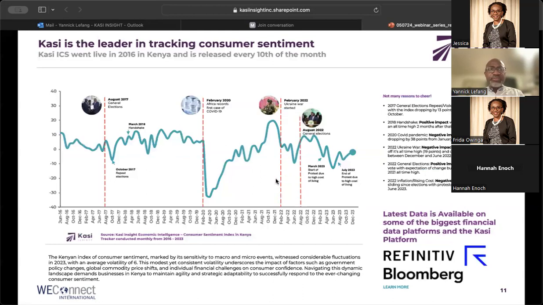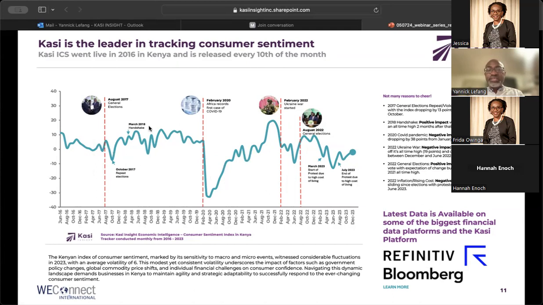Another piece of information that I want to show you is more related to customer data. This is another trended data set that, as you can see, provides you with information over time. What you're seeing here is a consumer confidence index for Kenya, from 2016 all the way to 2023.